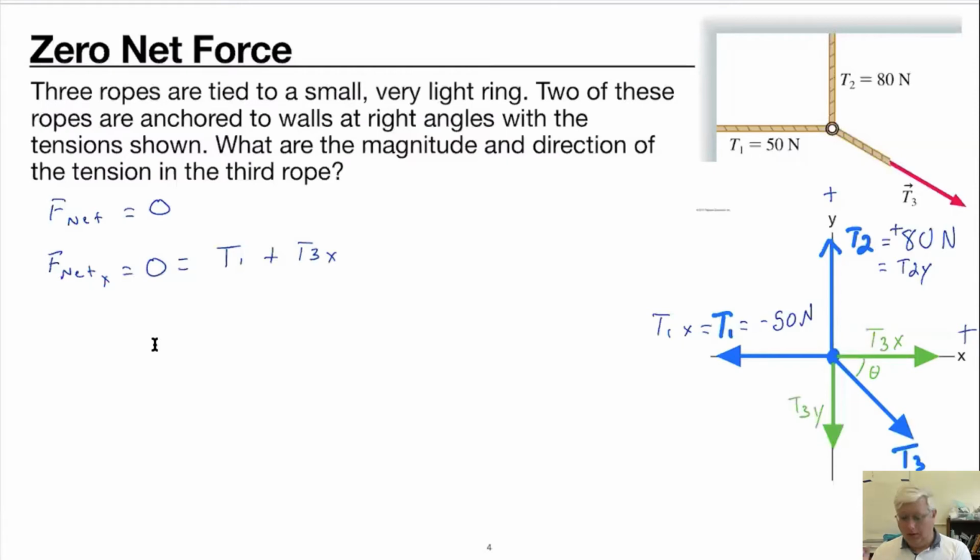Just those two are the only two components we have on the x-axis. Since we know what T1 is, it's negative 50 newtons. We don't know what T3x is, but we know they add up to 0. They have to add up to 0.